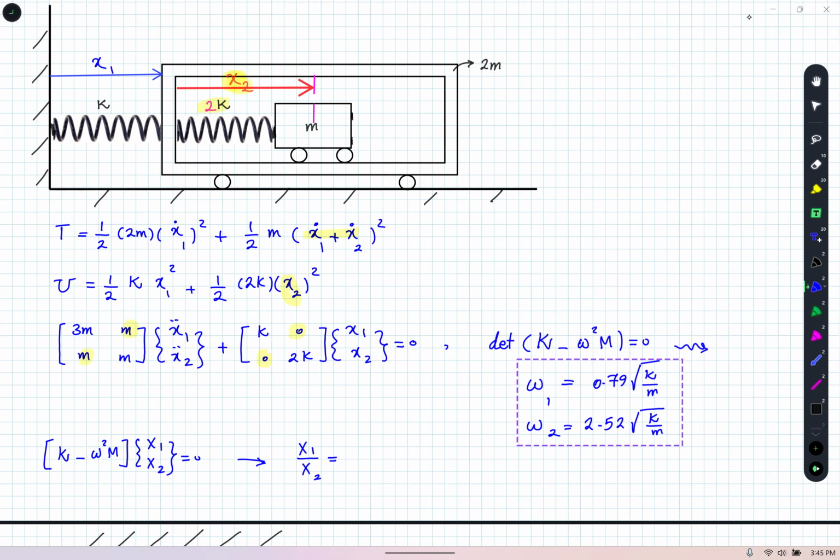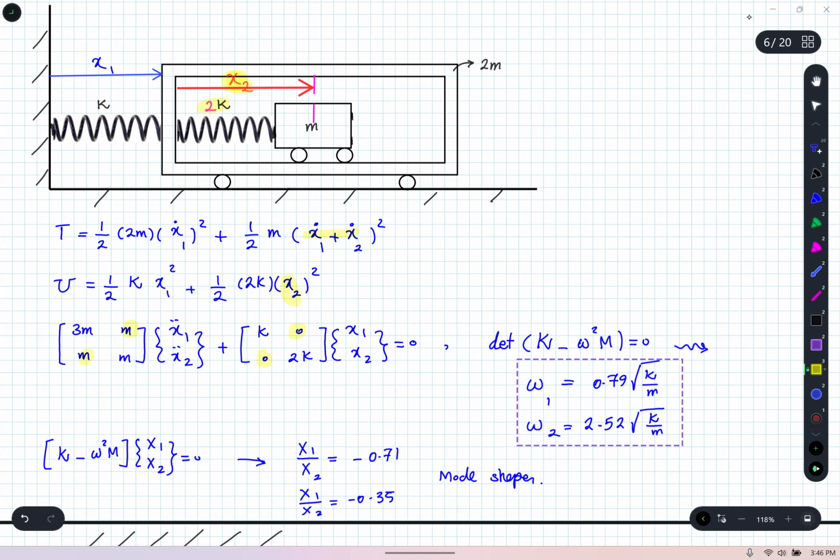So this is what I got. For x1, x2, I got actually a negative number here, 7.1, and for the other x1, x2, I got that. So here are my mode shapes for this coordinate. Well, here obviously we got a different answer compared with the previous one.